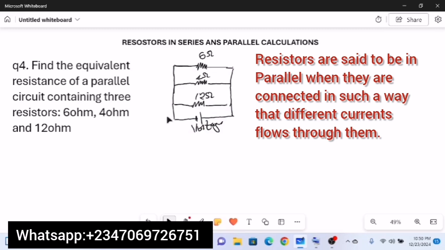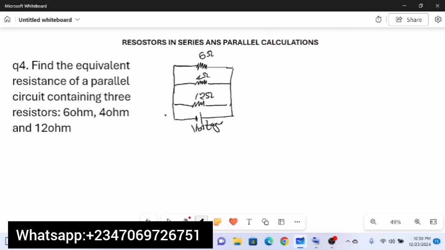Now let's explain this. Let's say current flows out of the source. You have your direction. Now when this current gets to this node, this is called a node. Every junction in a circuit is called a node. It can also be called a branch.